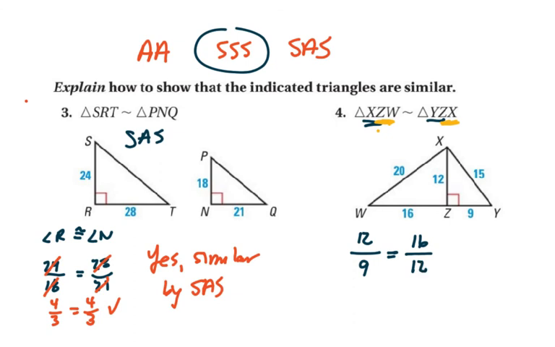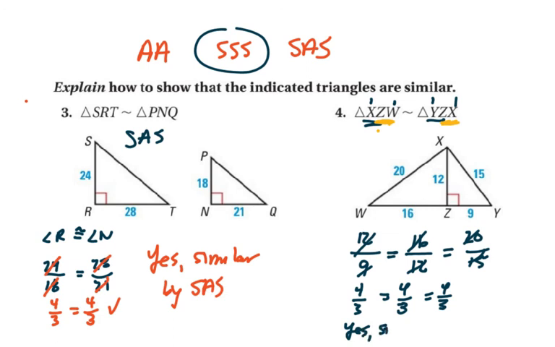It's the same 12 as before, but it's attached to both triangles. And then the first and last, XW is 20. First and last here is 15. We divide by 3, we get 4/3. Divide by 4, we get 4/3. Divide by 5, we get 4/3. Yes, similar by SSS.